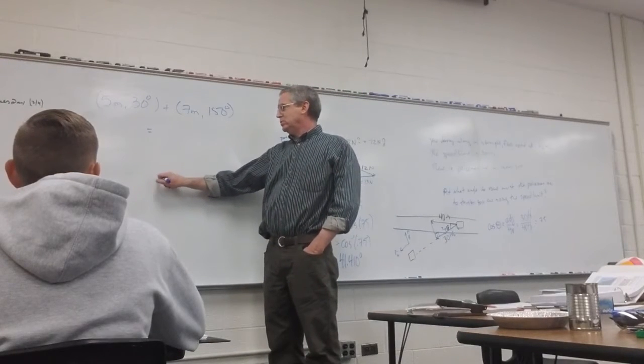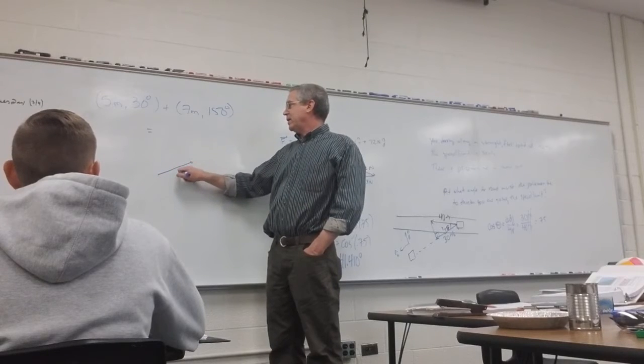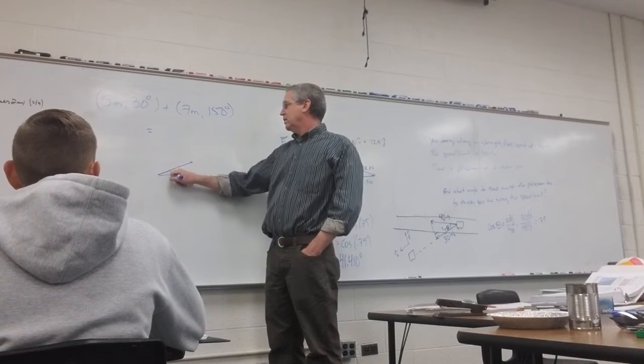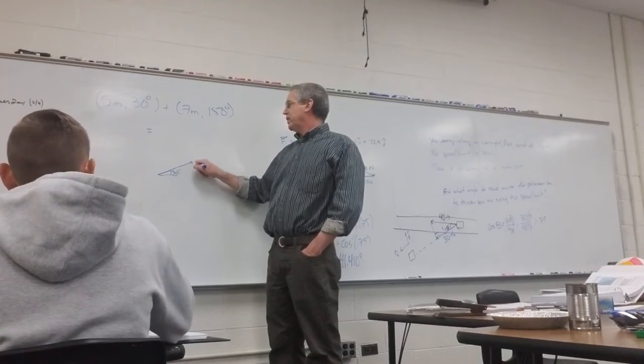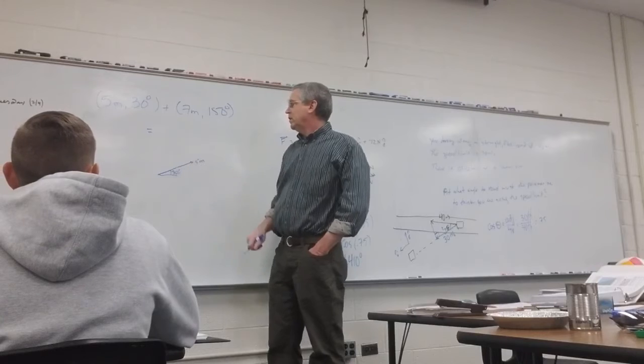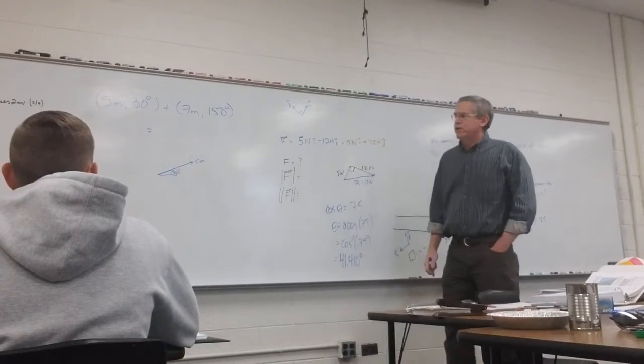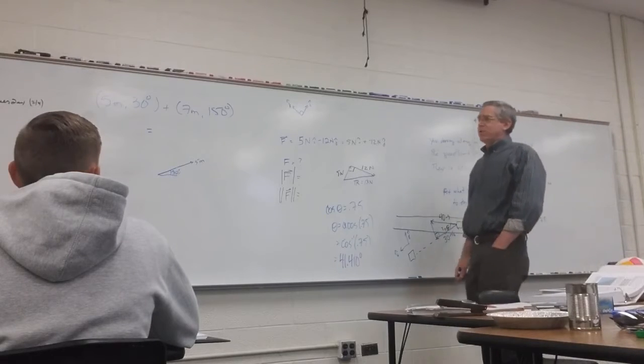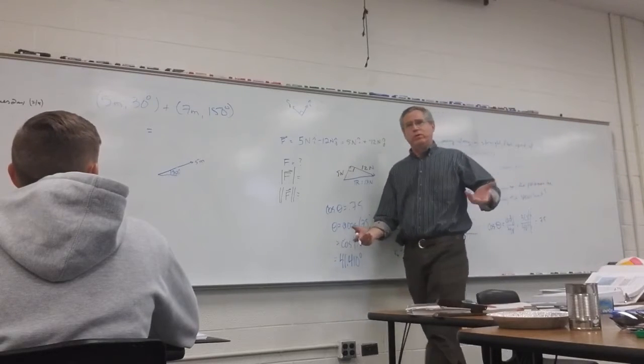For the visual, you start here, travel 5 meters at a 30-degree angle. 30 degrees, 5 meters. And then 7 meters at a 150-degree angle. Now it is helpful to sketch this out, so you have some idea if your answer is even remotely right.